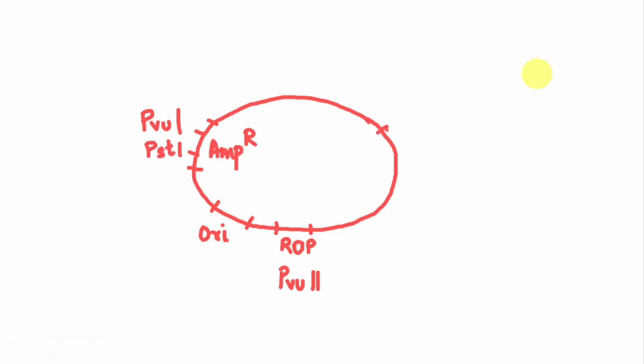Then over here is the tetracycline resistance gene, TetR, and the two enzyme recognition sites are BamHI and SalI, Streptomyces albus 1. And over here are EcoRI, Escherichia coli R1.